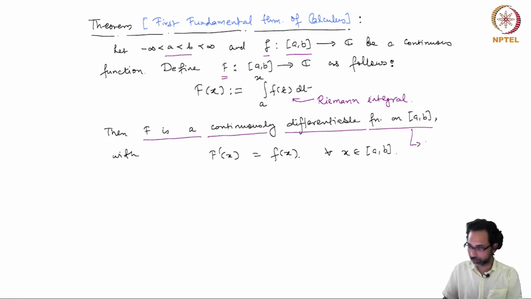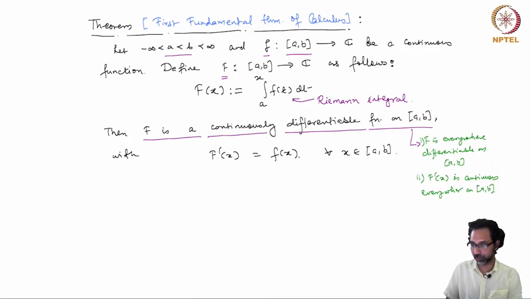First is that F is everywhere differentiable on [a, b]. And the second one is that F'(x) is continuous everywhere on [a, b].